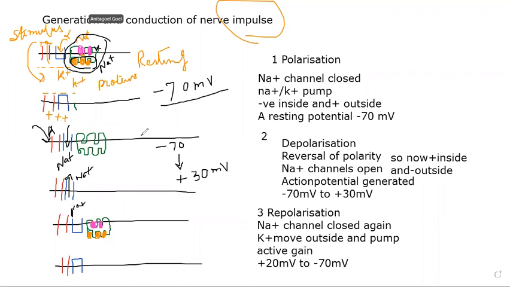Now there is a point B. At this point, say the stimulus was not there. Stimulus has been generated only at the point A, but it has to be transmitted along the axon, and it will be transmitted in small steps. Now inside at point A it is positive, and outside it becomes negative. So reversal of the polarity is there.